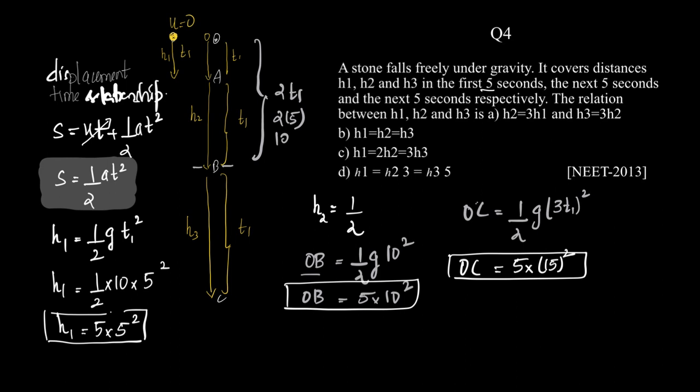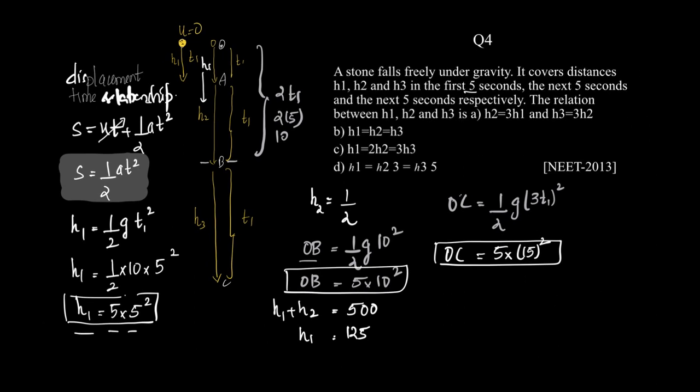Now from the diagram, OB is H1 plus H2. So we have H1 plus H2 is equal to 5 into 10 square, which is 5 into 100, that is 500. And H1 is 5 into 25, which is 125.